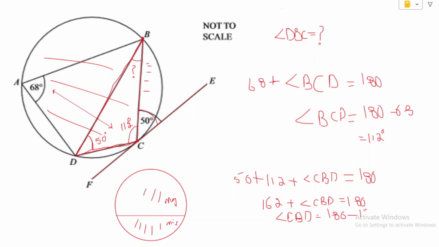If you subtract, 10 minus 2 is 8, and 7 minus 6 is 1. So this will be 18. So this angle, the unknown angle, we have figured out, and it is 18 degrees.